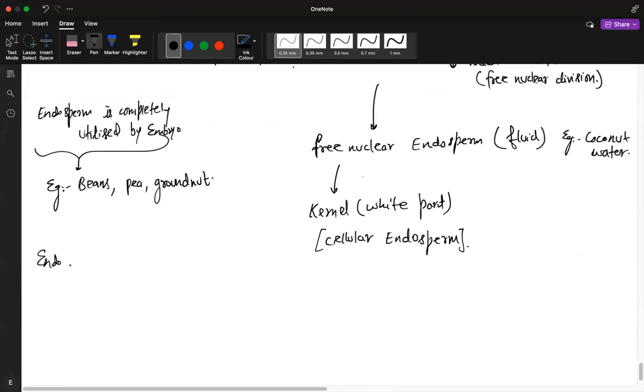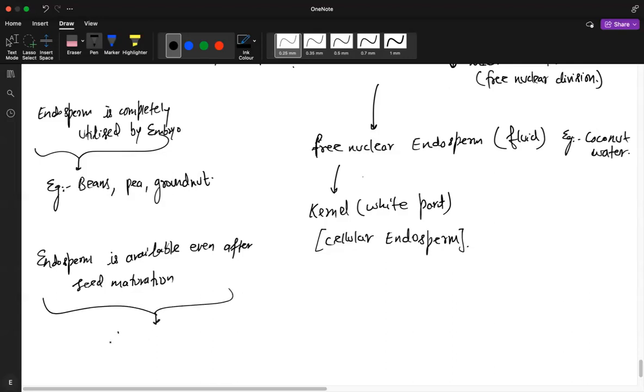So in those, the endosperm is available even after seed maturation. And you can write what it does when it's available. It is used up during germination. Okay. So castor and coconut.